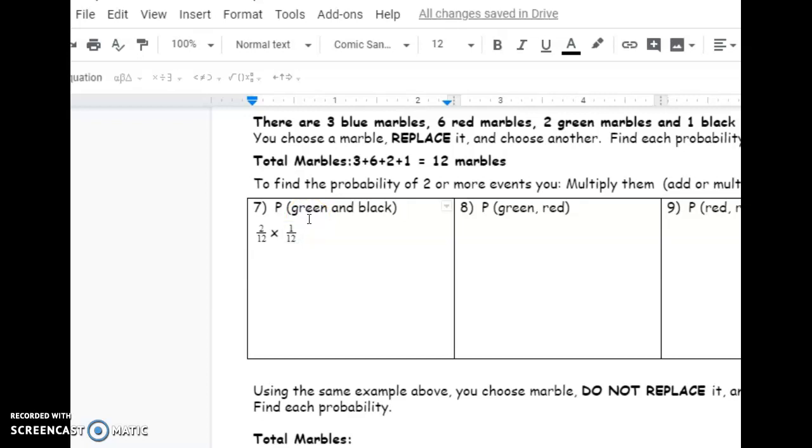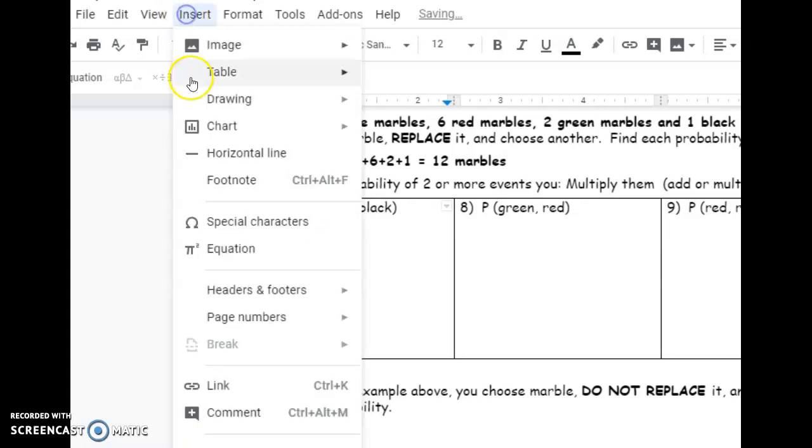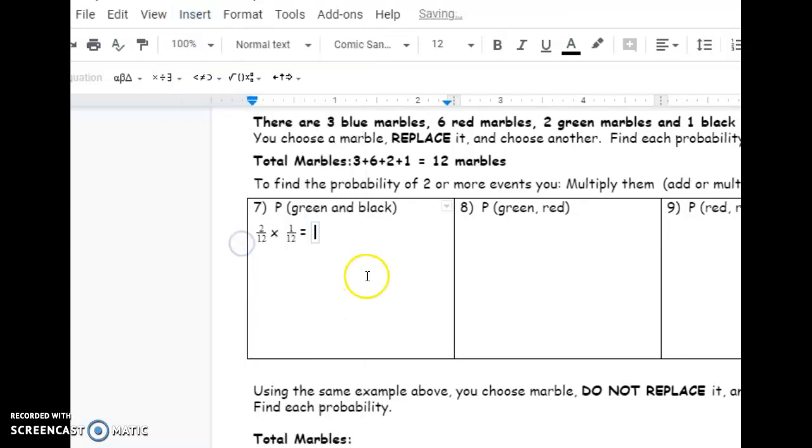Since we have 2 fractions, multiplying is the same thing as multiplication of the numerators, so 2 times 1, over the multiplication of the denominators, 12 times 12.